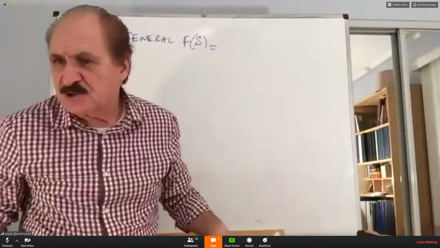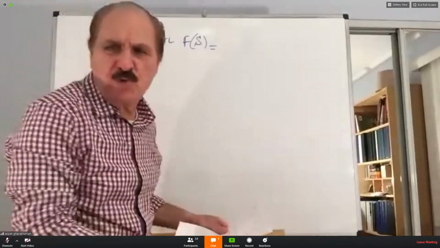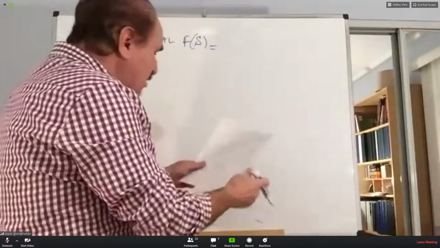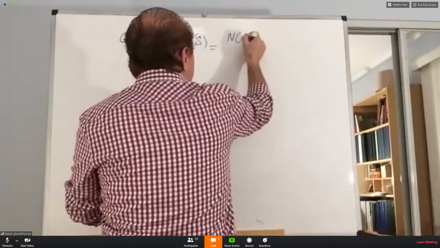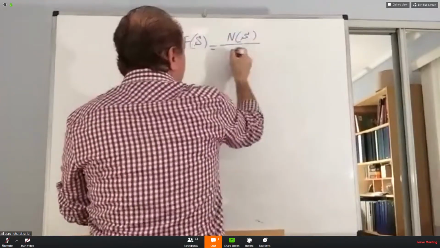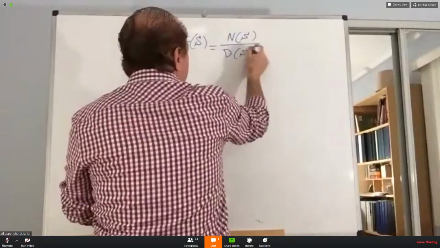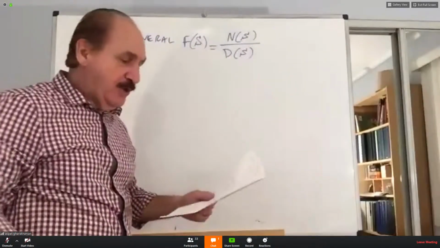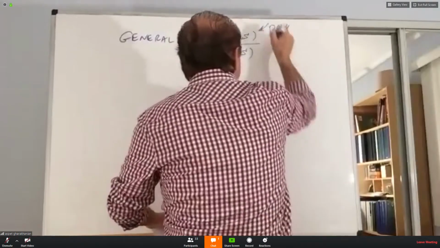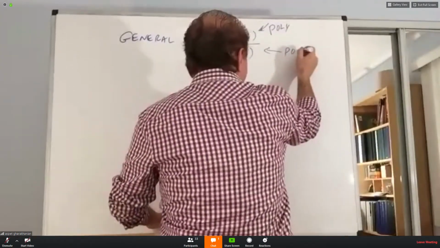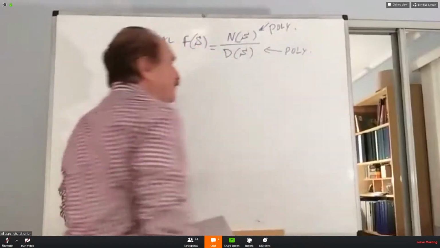These functions generally will be rational functions of s, N of s over D of s. N of s will be a polynomial, and D of s will be a polynomial.